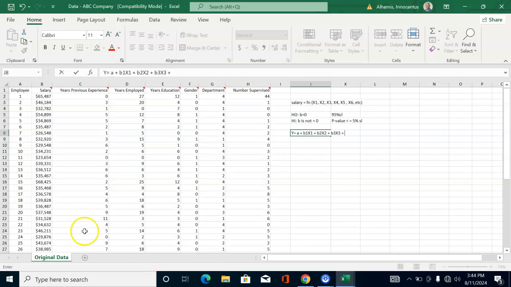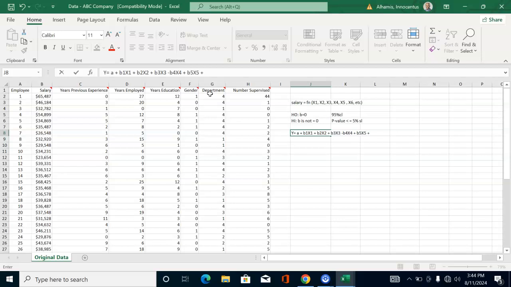For instance, if we think that gender has a negative relationship with salary, then gender could be B4. So instead of plus, we could just assume in this model that gender is negative, and so we look at the negative slope, which is B4 x4, and department can be positive, so we're going to put B5 x5.